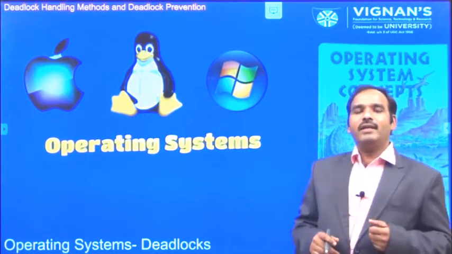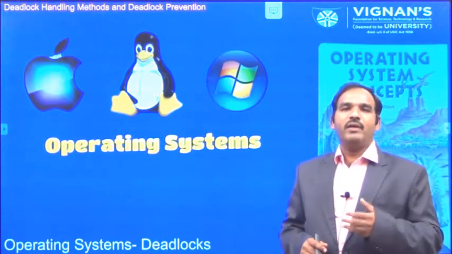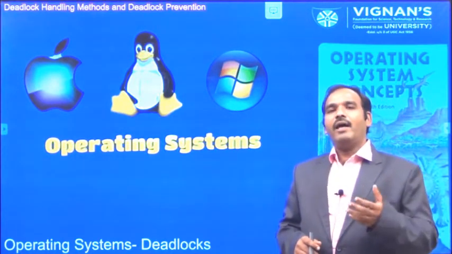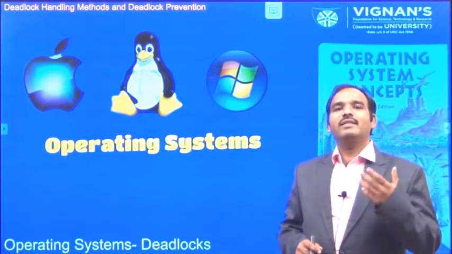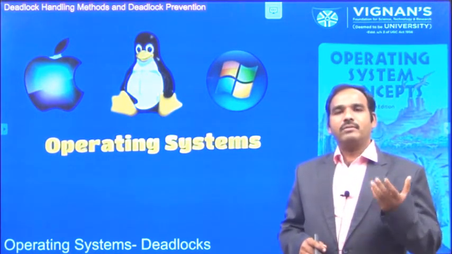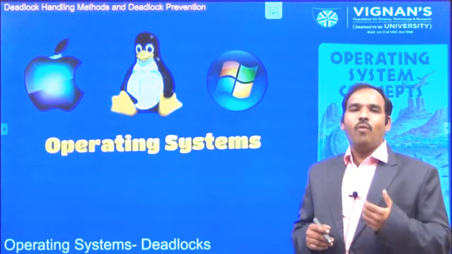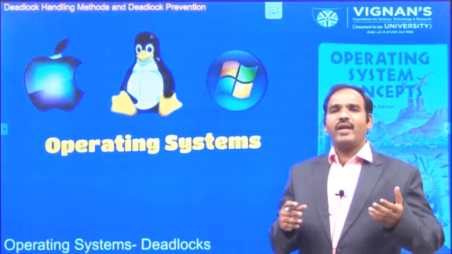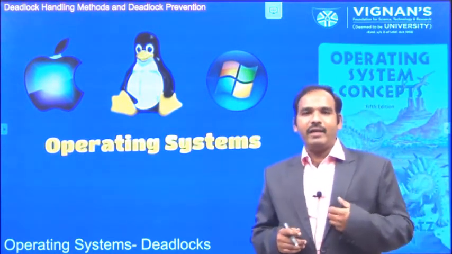Deadlock is a halting state, a negative symptom in the operating system, and it may occur once in a year, once in 5 years, or sometimes once in 10 years. There is no guarantee that the deadlock will occur in every operating system.